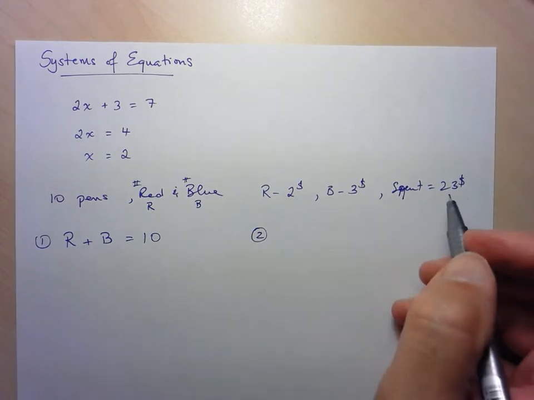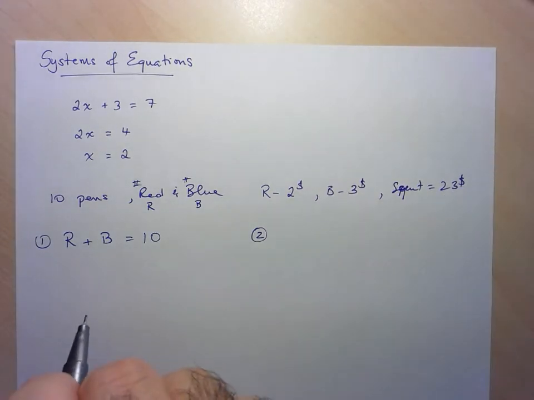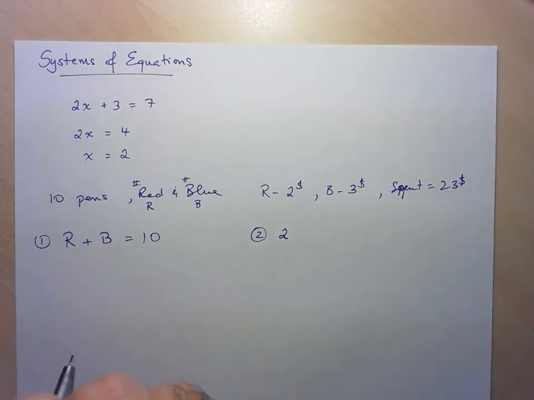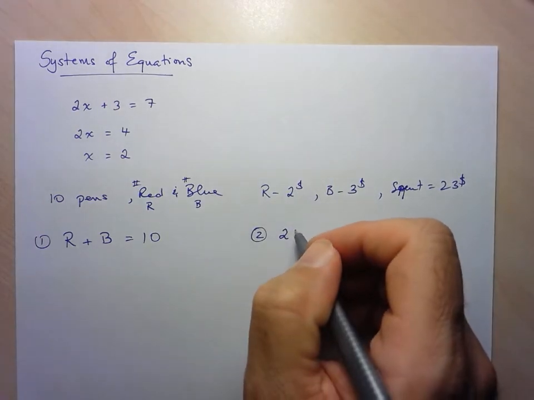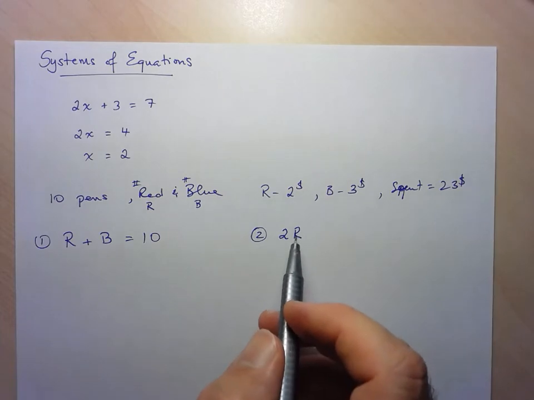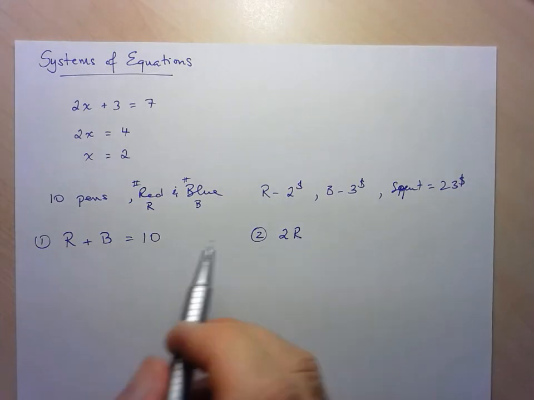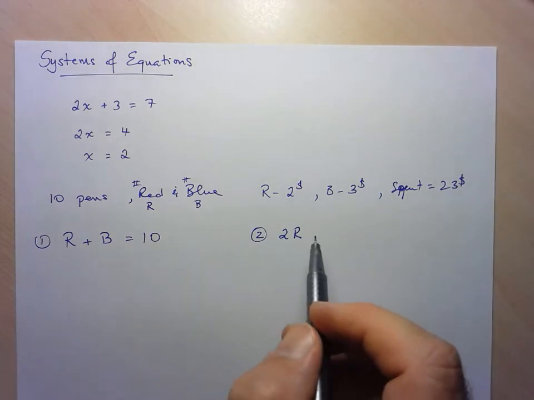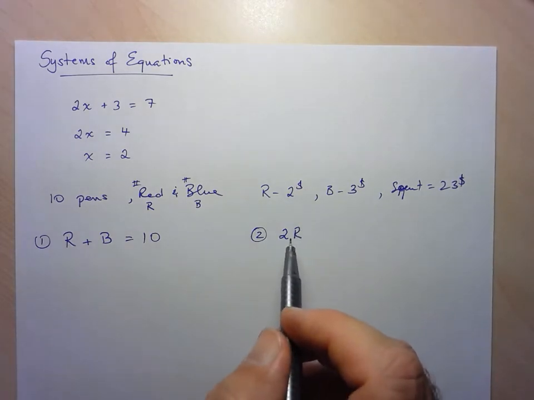I spend $23 in all, and how do I spend this money? I buy red pens, so $2 for every red pen, and I multiply it by the number of red pens that I buy. Notice that the variable I'm using in this equation is the same as the variable in the other equation, even though the whole thing is representing something different, cost versus number.